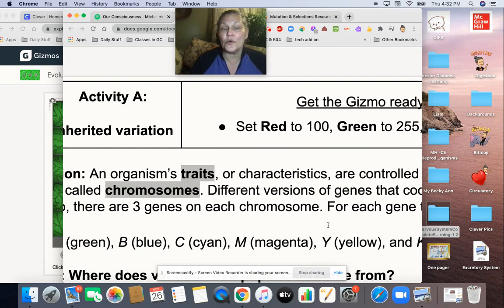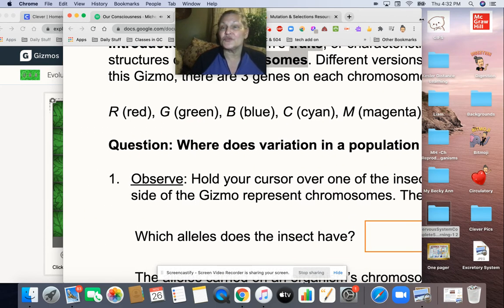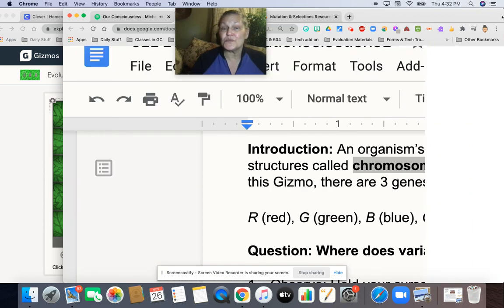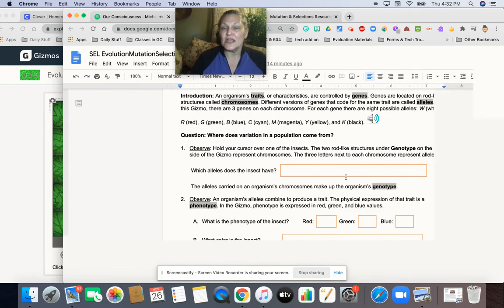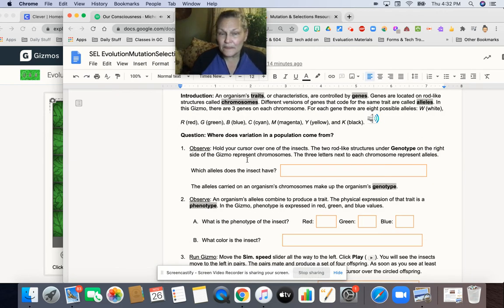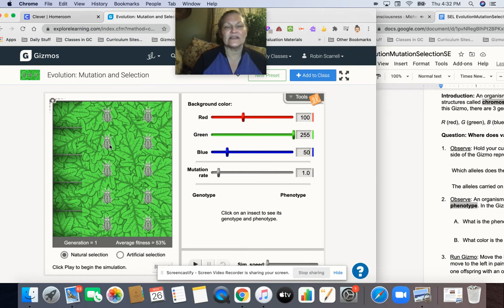So you are going to look at questions 1 and question 2. Okay, and what that is going in and checking on one specific organism. And so it's going to ask you to click on an organism. And these are all the same.